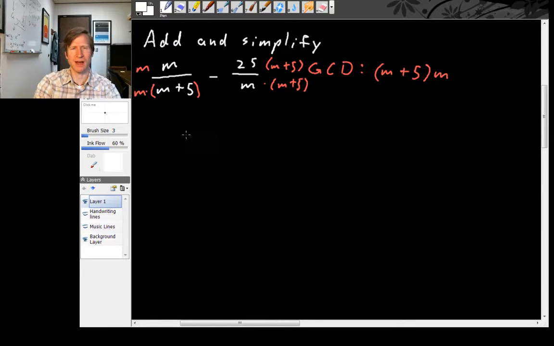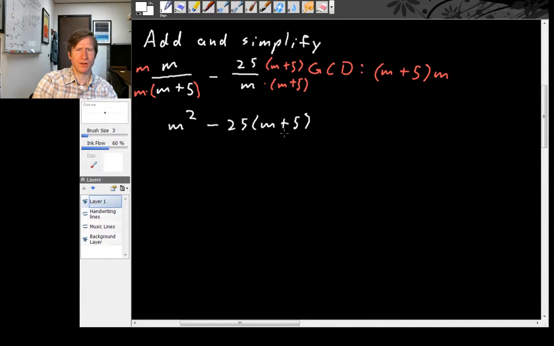Okay, and then we'll work out what this gives us. So in the left-hand piece, m times m is m squared, and then minus, on the right-hand piece, we have 25 times m plus 5, all over m times m plus 5. All right, now we should finish simplifying this.